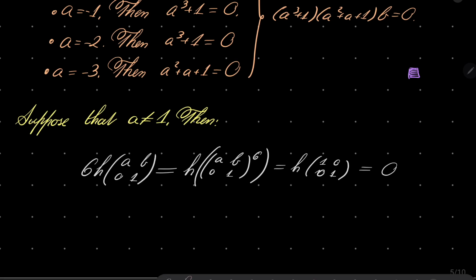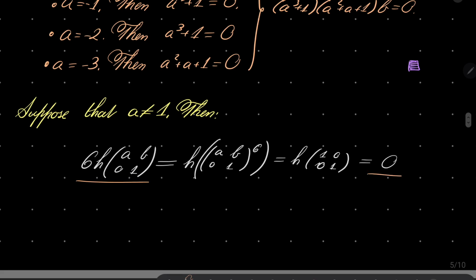But this means that 6 times something equals 0. 6 is invertible in our ring Z7, which means that h of [A, B; 0, 1] equals 0.